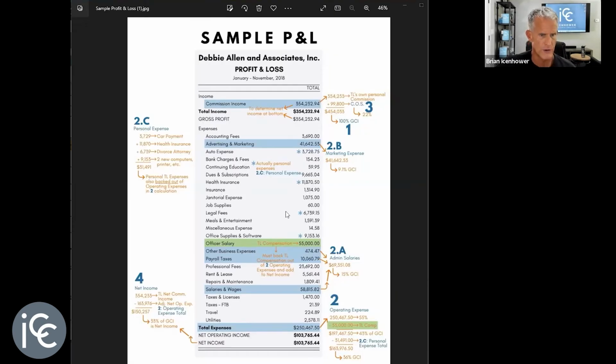Now what we're going to do is you're going to see over here on 2C, you notice this one I don't include on the budget, because there's not a budget for personal expenses, because your personal expenses shouldn't be in your P&L. But I've got little asterisks here of items that your accountant smartly and helpfully snuck into your P&L that are really personal expenses that we're allowed to deduct to reduce your profit.